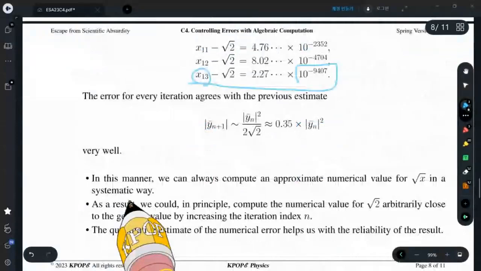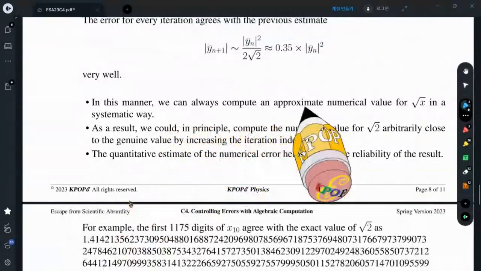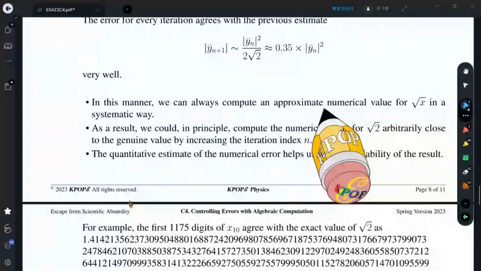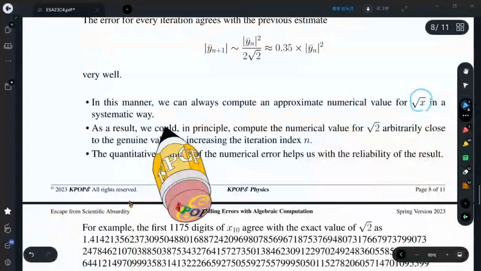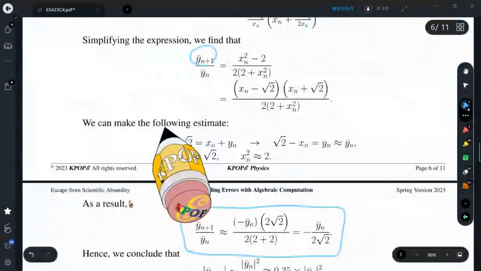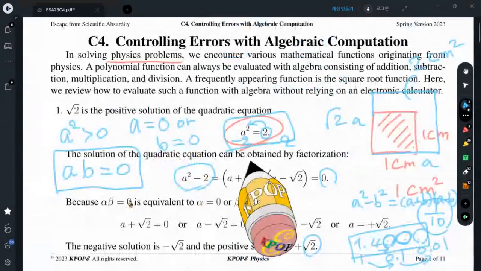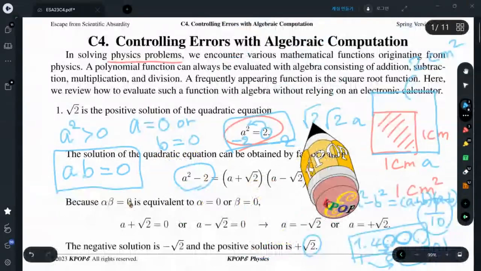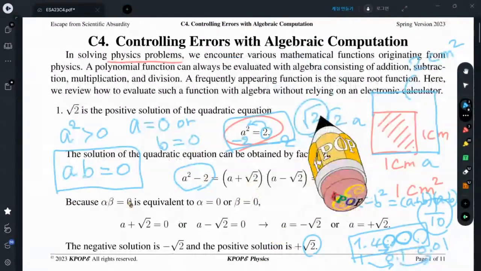Okay, so in this manner, we can always compute an approximate numerical value for square root of x in a systematic way. What we can learn from today's class is that square root of 2 is exact and is easy to write and easy to remember.